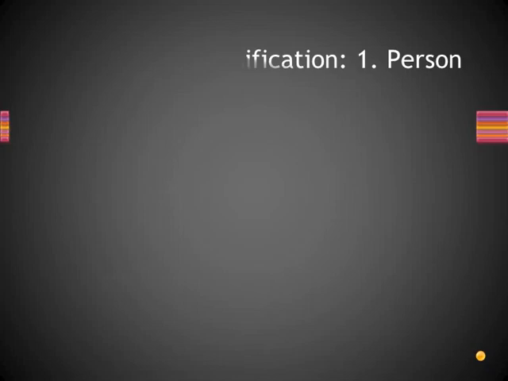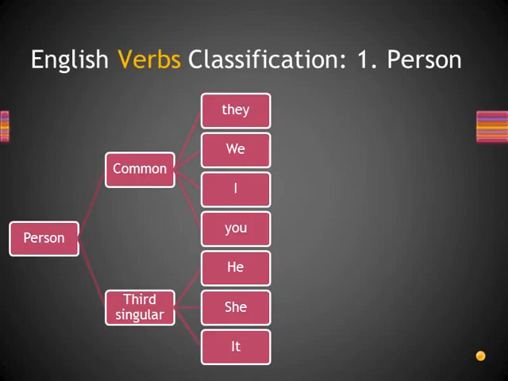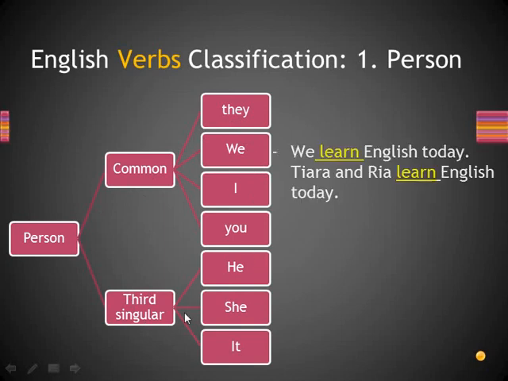The first is person. So person is divided into two, common or third singular. And for common, usually the subjects are they, we, I, you. And for third singular, the subjects are he, she, it. Take an example. We learn English today.